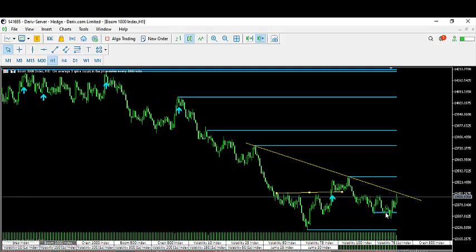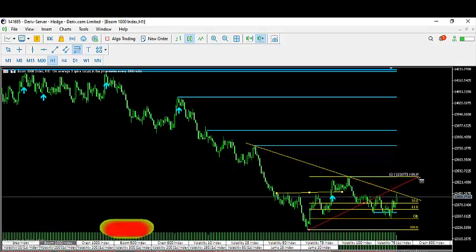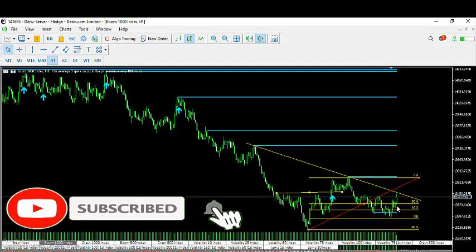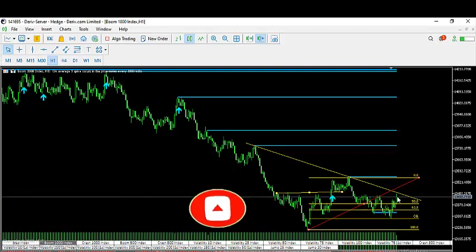Our price reverses where, if you check the Fibonacci level of this, you will notice price has come into the discount area. So whenever we have an arrow here, or a trend line breakout here, it's definitely going to be a valid signal.